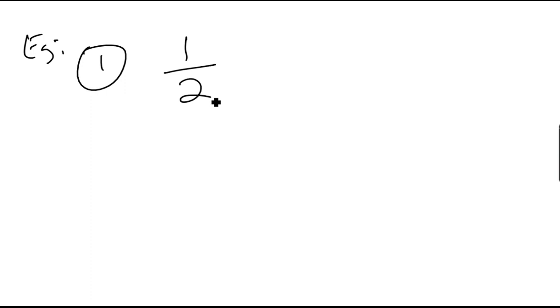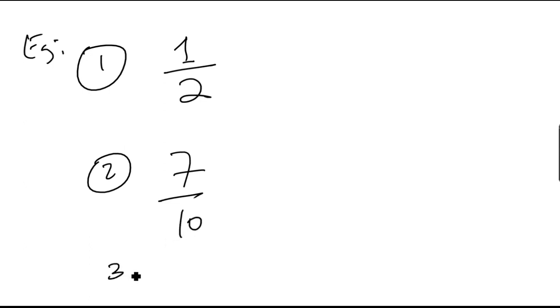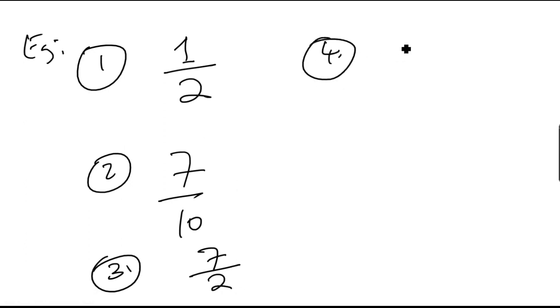So examples of fractions. When you have 1/2. You might have 7/10. Sometimes you have the bigger number on top, maybe you have 7/2. But also you may have a lot of mixed numbers. Let's say you have 8, then 3/5.